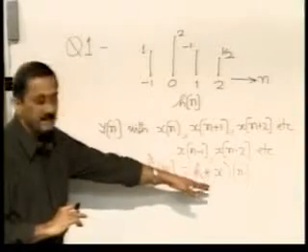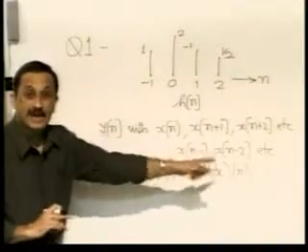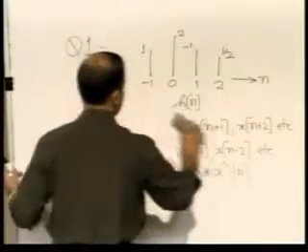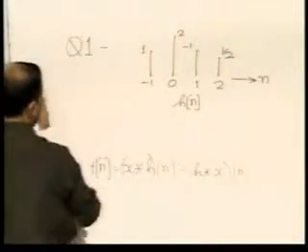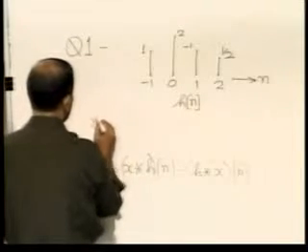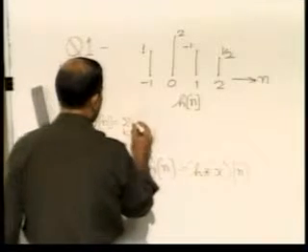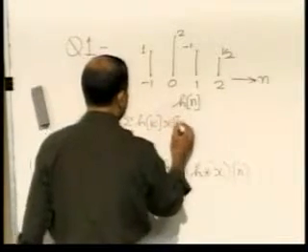Now, we will prefer to use an expression where you have h[k] and x[n-k]. So, let us write that expression down. So, we have y[n] is summation on k, h[k], x[n-k].